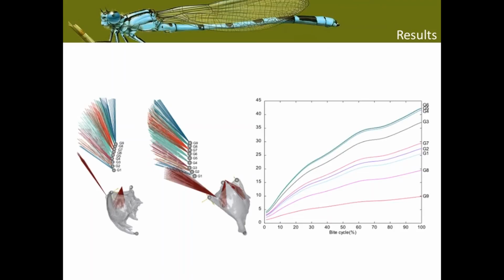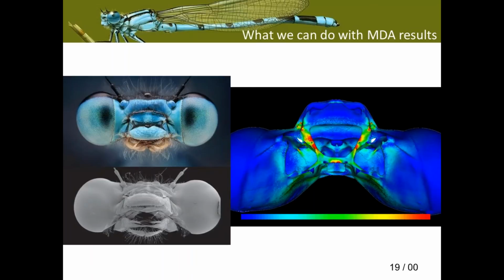Hello again. Apart from learning for the first time more about dragonfly head muscles, the data we get from the musculoskeletal modeling gives us the opportunity to use the forces, for example the joint reaction forces and the muscle forces, as input forces for finite element simulation studies.